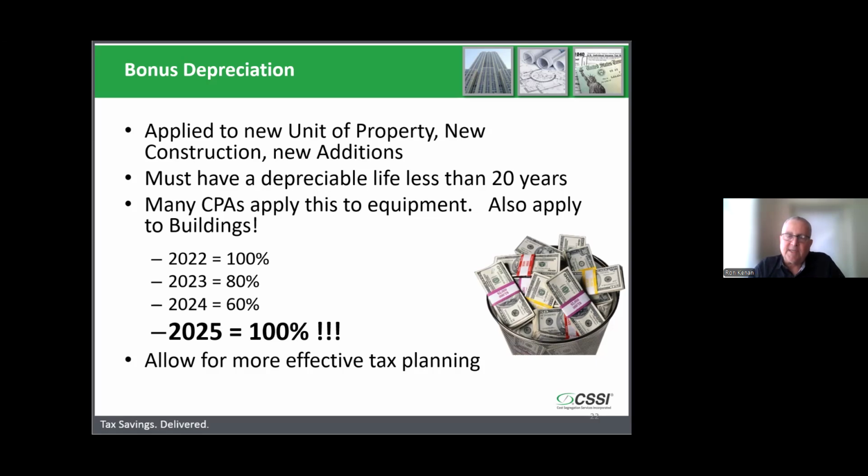Cost segregation basically just says you can take components, building units, and assign a value to them and a shorter lifespan, accelerate the depreciation, increase your expenses, and keep money in your pocket. But the government said, okay, that's great, but we want to give investors even more incentive.